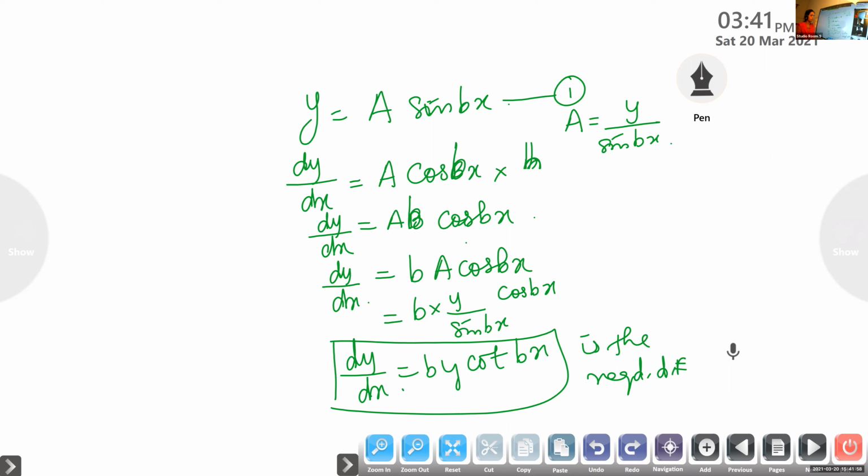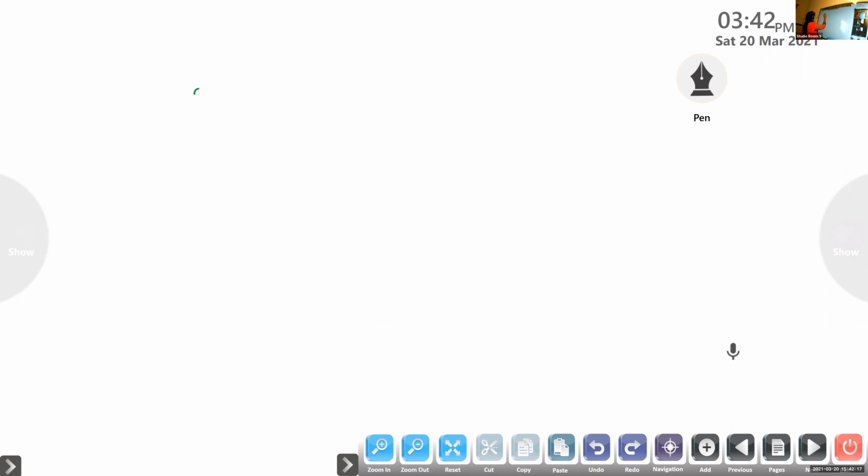Form a differential equation representing the family of curves x minus a the whole square plus 2y square is equal to a square, where a is an arbitrary constant.